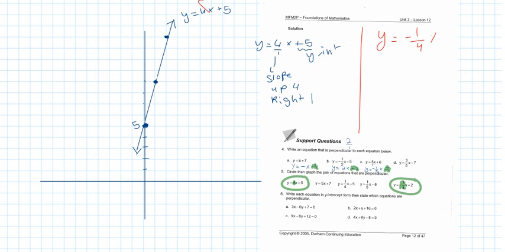Where's my y-intercept? 2. So my y-intercept is at 2. And what does my slope say? 1 down, 4 to the right. This one says 1 down because it's negative. And it's always to the right.